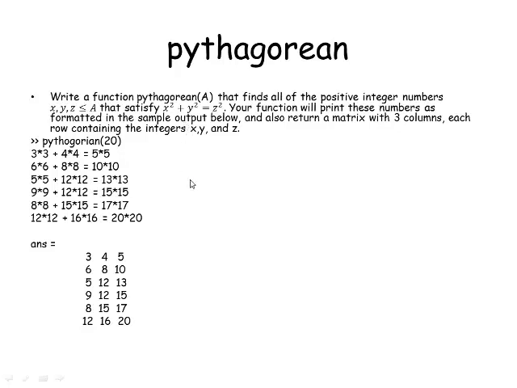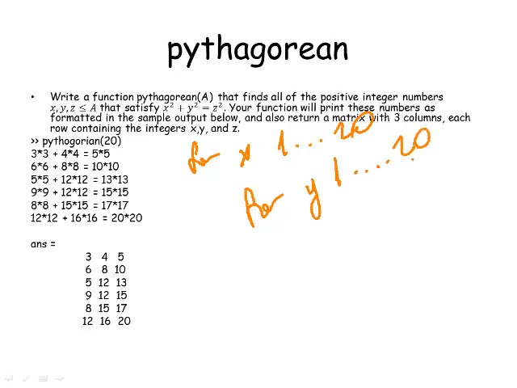Okay. So what you will do is you will have a for loop for x that goes from 1 to 20. And for each of the values of x, you will have a for loop that tries the values of y from 1 to 20. And for each of those, you will have a variable z that goes from 1 to 20.